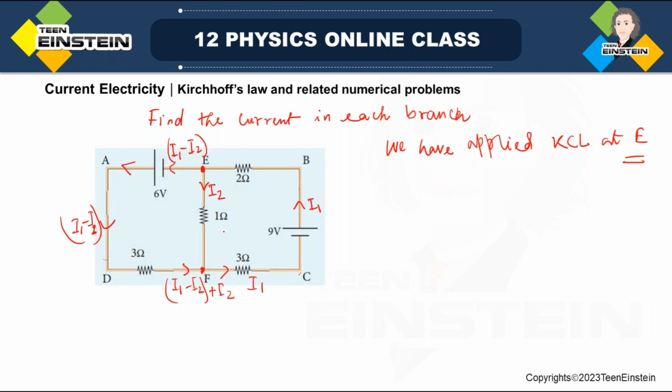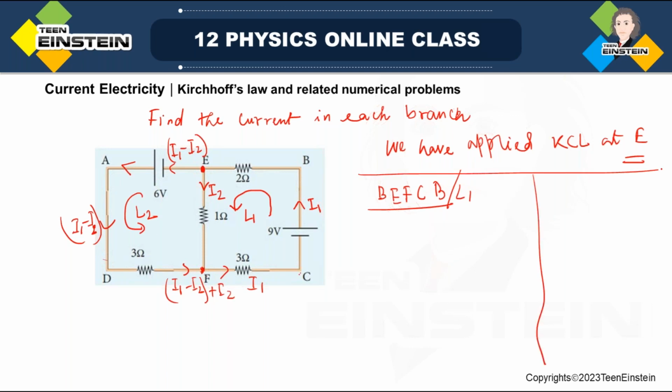All right, so I'll take loop 1, L1. I'm starting from B to E, so I have a loop B, E, then F, C, B. This is a closed loop. Another loop I can take in a similar way, this is L2.